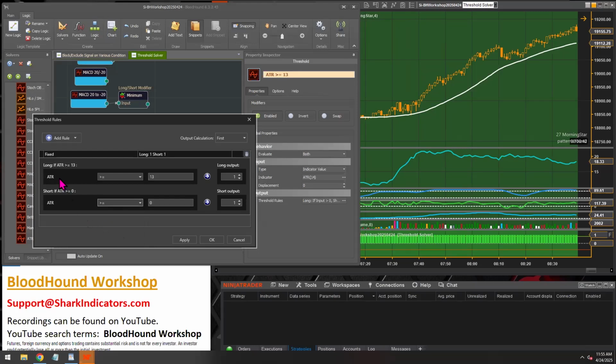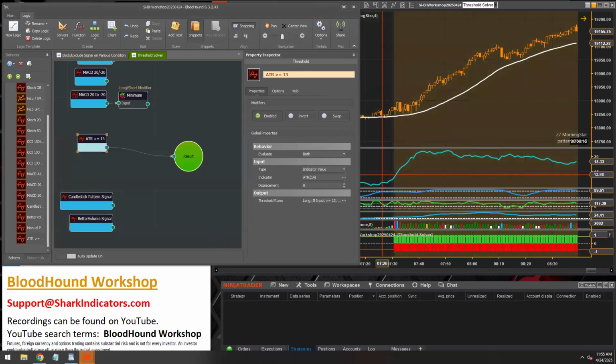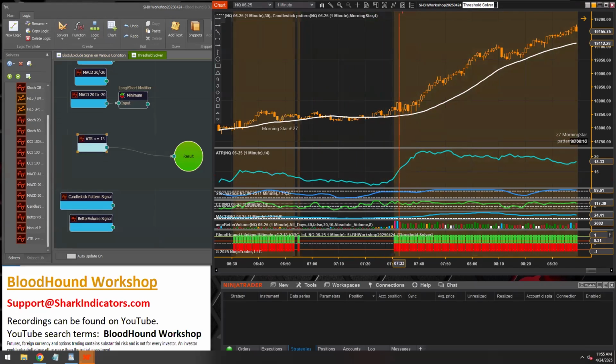So in this case, if we want to identify when the market is volatile, or at least volatile enough to be trading into, then we can put our volatility value in there, and this time both the long and a short need to be greater than this value. And so now we get a long and a short output together, telling us the market does have enough volatility in it that we can trade it.